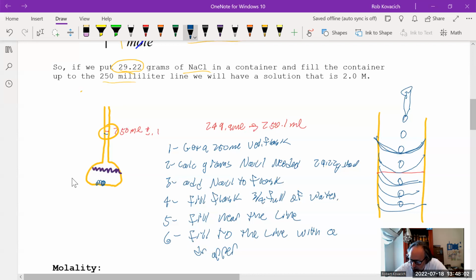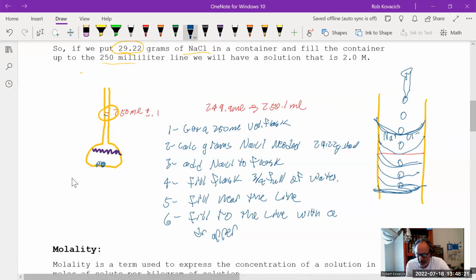You can't just put a pipette in here and pull water out, because if you do, you will be taking some of the NaCl out with you, and so you don't have the concentration that you wanted. So you just get it kind of close, and then you use a dropper to get it to right where you want. It basically makes it more controllable, the amount of volume of water you added.